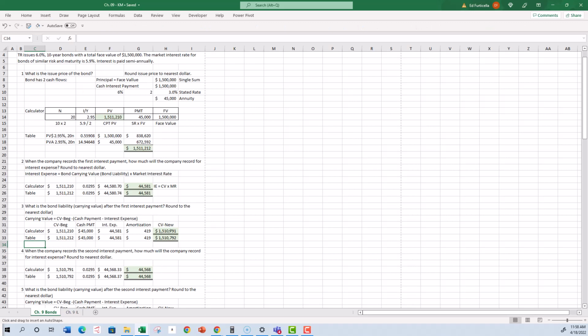Multiply it by the market rate, just like we did for the first period. Get your interest expense by multiplying the prior carrying value times the market rate. Round the interest expense to the nearest dollar. And we have an interest expense in the second period of $44,568.